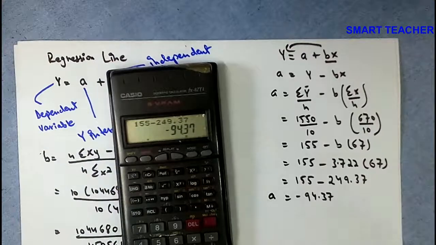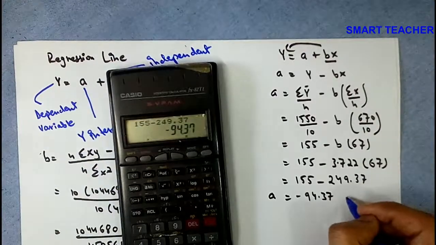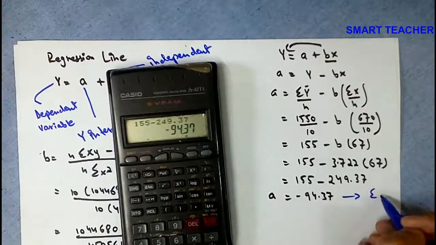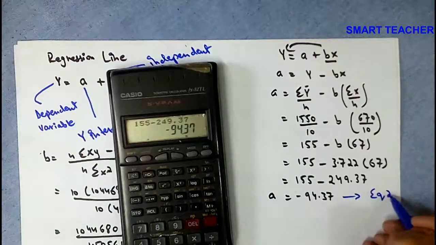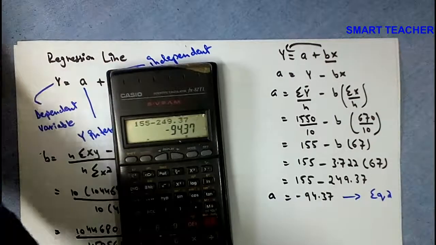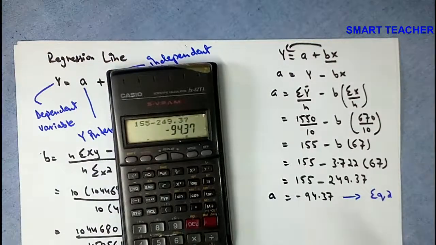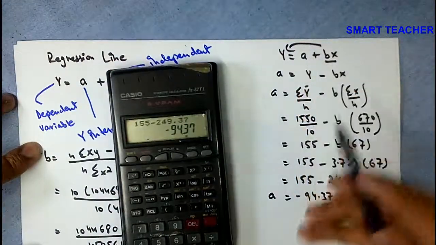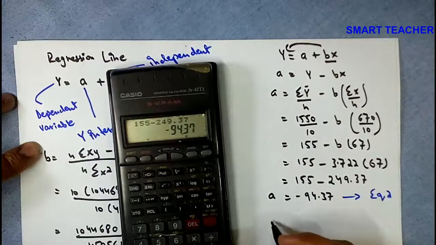We can call this equation number 2. Now put all the values in our regression line formula.